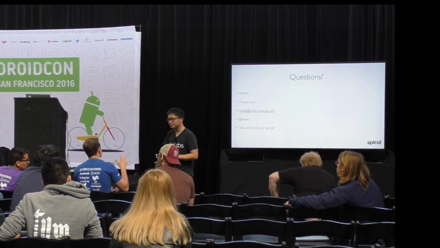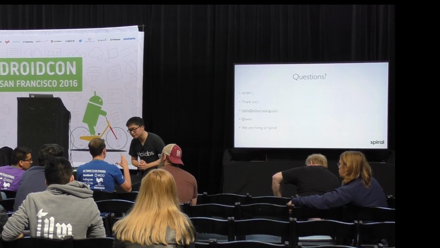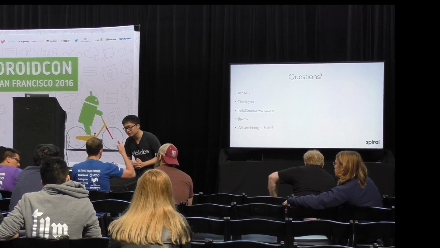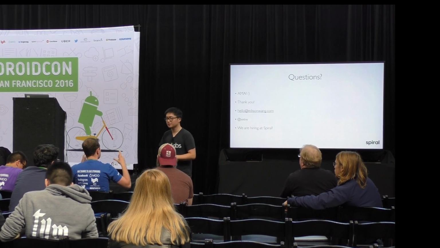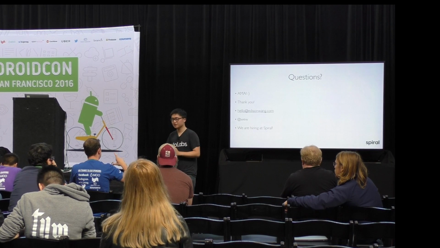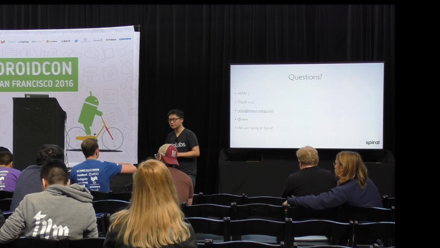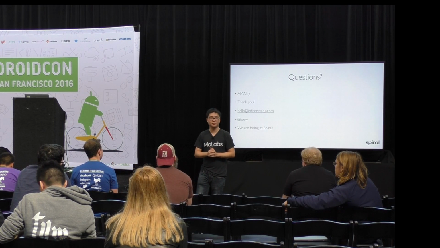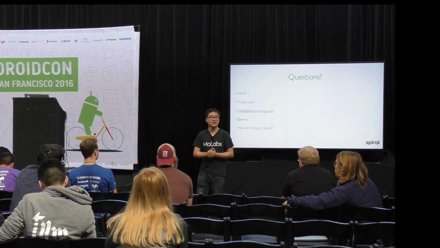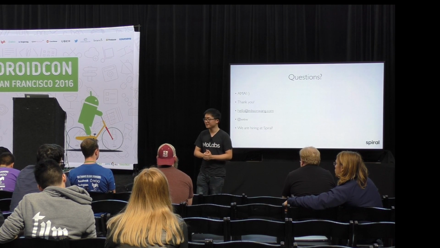What's the strategy for displaying videos? Let's say I want to display a bunch of videos in a RecyclerView. Do I go with TextureView? Is it going to respect all those translations with RecyclerView? So the question is, if I'm using RecyclerView, can I have multiple videos at one time? Yes, you can.